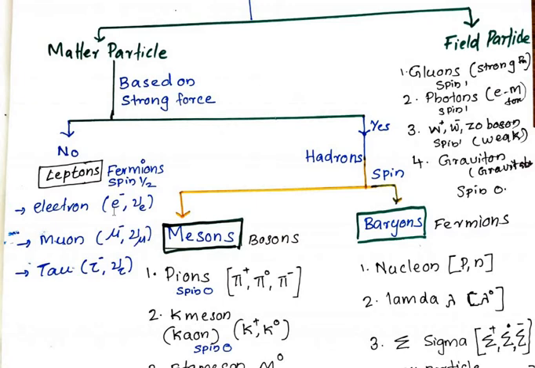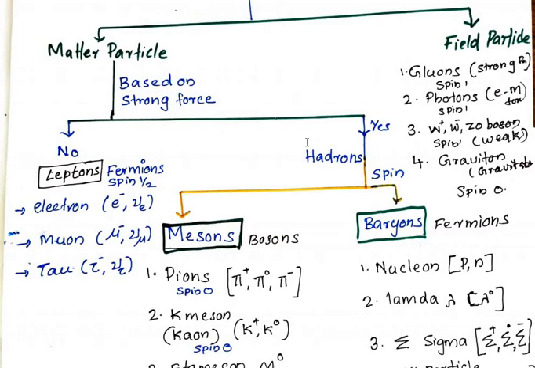So the antiparticle of the electron is e plus, that is the positron, the positively charged electron. Also mu minus has an antiparticle mu plus, tau minus has an antiparticle tau plus, and the electron neutrino and muon neutrino have antiparticles, the anti-electron neutrino and anti-muon neutrino. This antiparticle can be represented by drawing a line on top of the particle symbol.